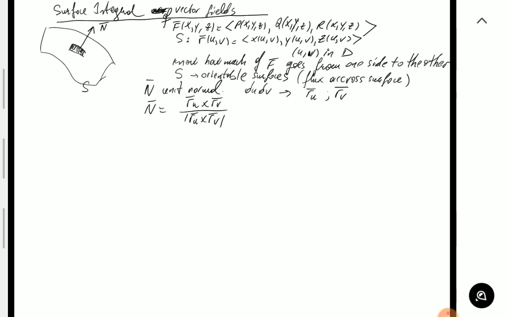That's the unit normal. Again, whether it's r_u cross r_v or r_v cross r_u depends on the parameterization and on the orientation that you desire in the problem.